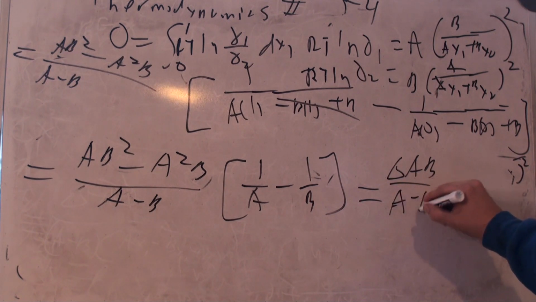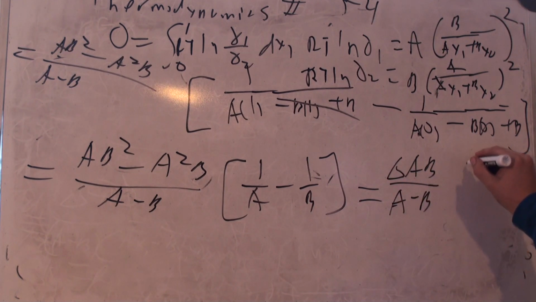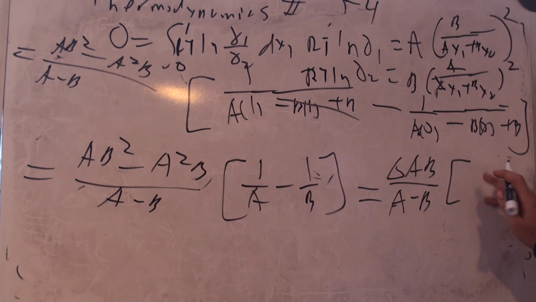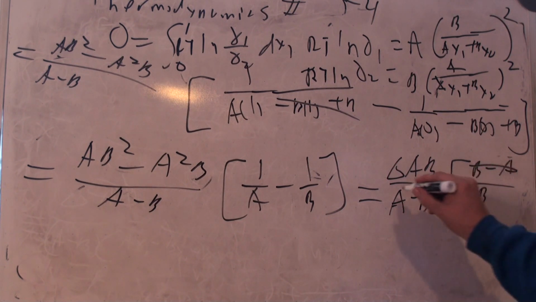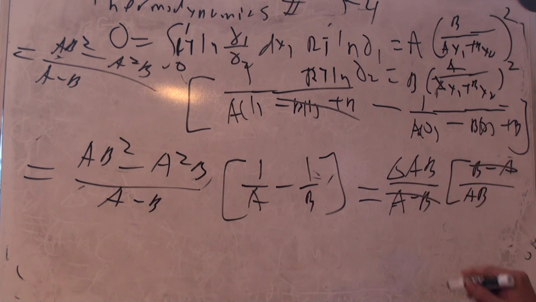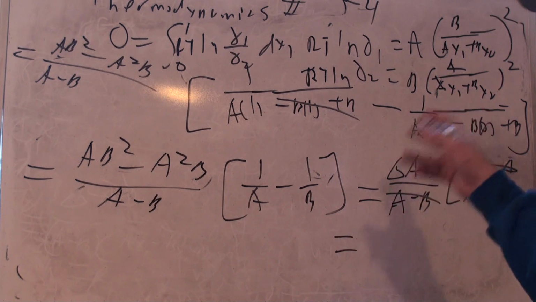A minus B times B minus A over AB. So that becomes minus that.